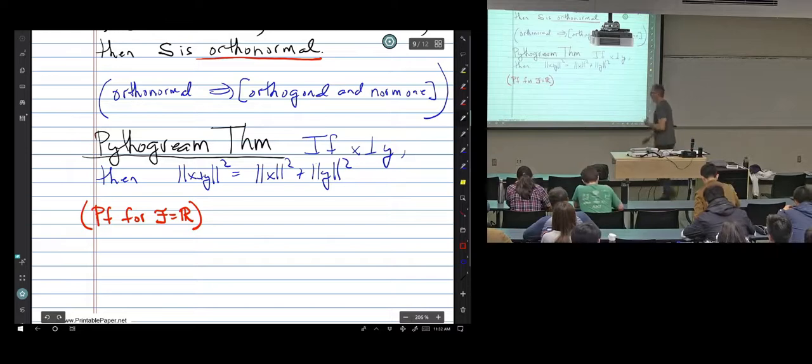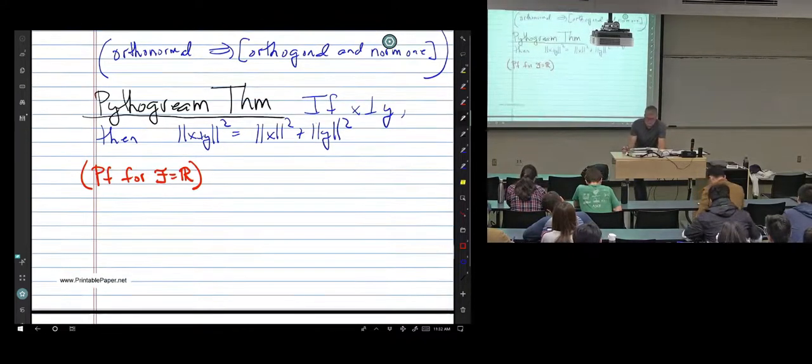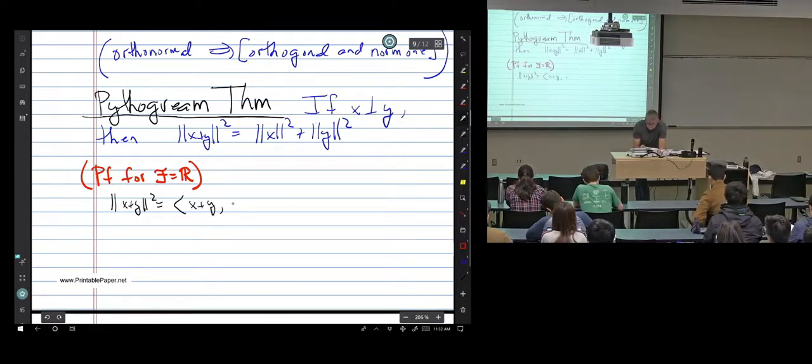Okay, and I'm not trying to do a con job. I'm just trying to avoid a whole bunch of unnecessary concentration on complex numbers. So the norm of X plus Y squared is by definition the inner product of X plus Y and X plus Y.